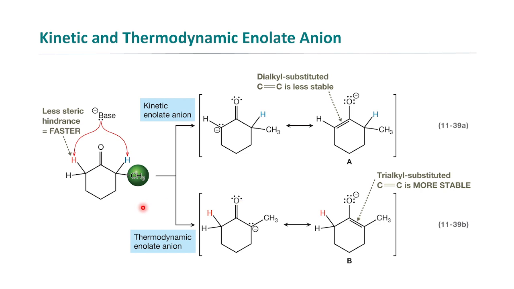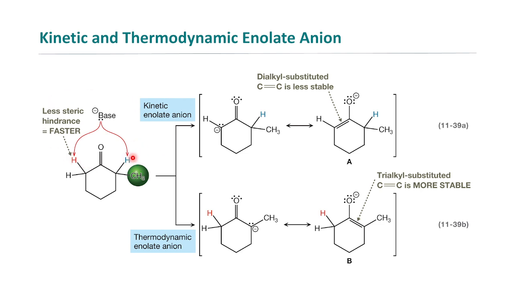All right, so we look at this, and this is actually a case where we have kinetic and thermodynamic enolate anion. That's why the two different bases actually caused us to have a difference in the amount of product we got for each of these, to have one have a different product that's favored over the other. And so this one has less steric hindrance, and this is a faster reaction than this one.